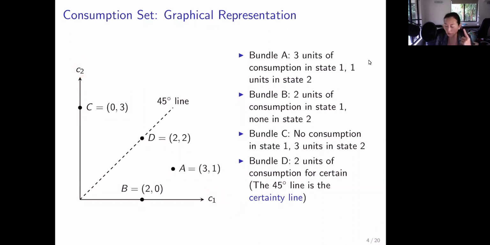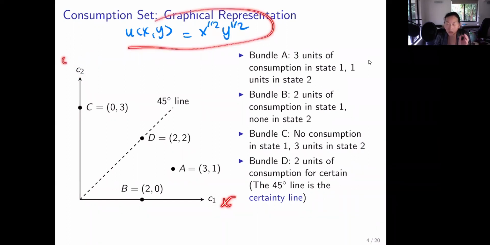Don't confuse it with X and Y that we learned in consumption bundles, where you consume X and Y together and have a utility function like X to the power 1/2 times Y to the power 1/2. Previously, that is how we dealt with the utility function and indifference curve based on X and Y, that you consume together.